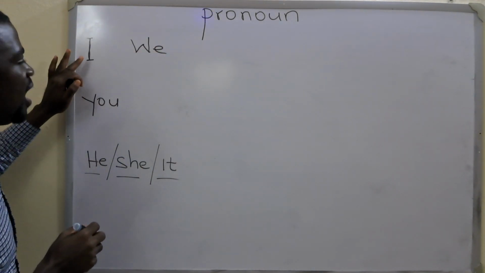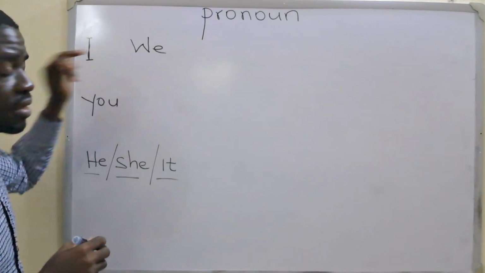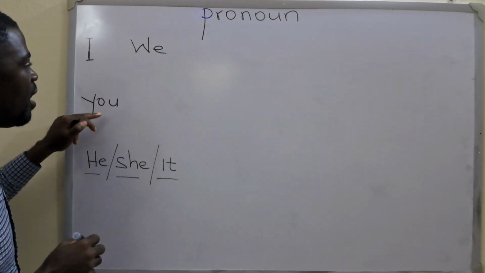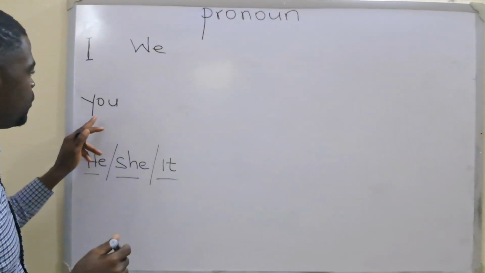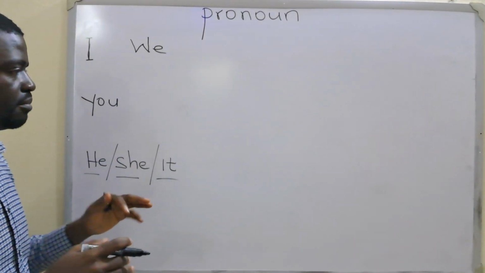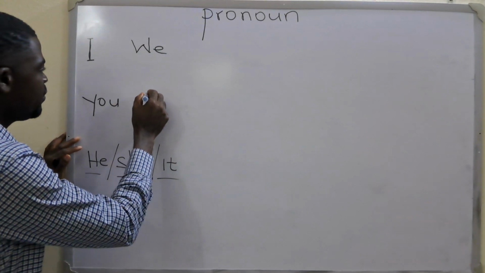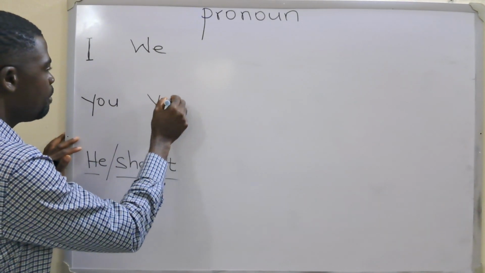The plural of I is we. The plural of you is still you. You doesn't change form much, so you will still remain you as plural.